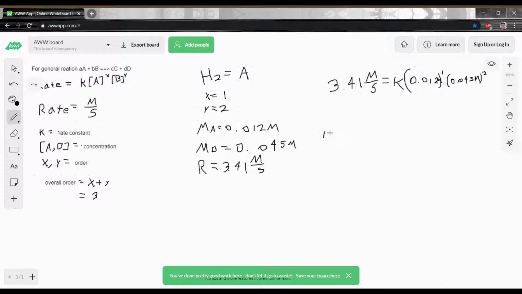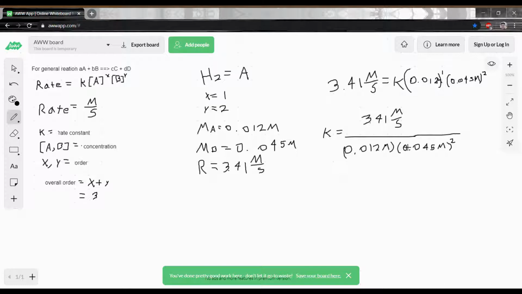So our rate constant K is going to equal 3.41 M over s divided by 0.012 M raised to the 1 power, which is just itself, multiplied by 0.045 M squared.